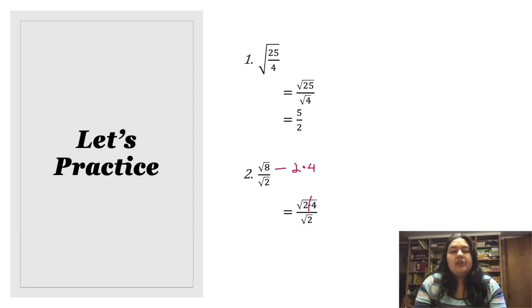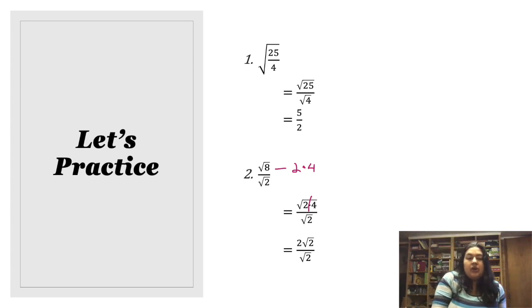The square root of 2, I don't know, but the square root of 4 is just 2. So 2 is going outside of my radical sign, and this is really just 2 times the square root of 2 over the square root of 2. I'm sorry, I mean, over 2 times the square root of 2. Okay, you can see it right there.